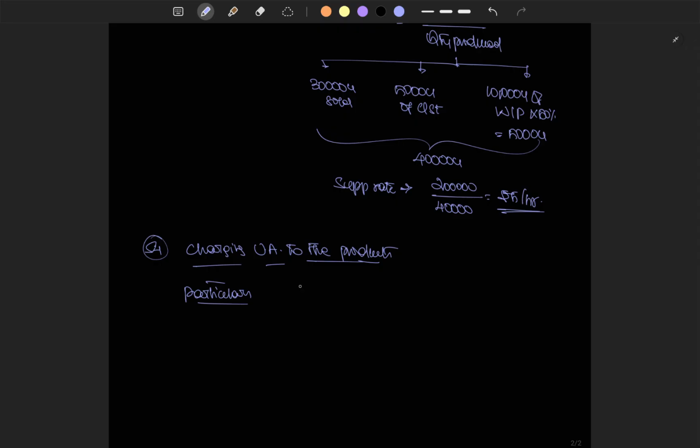So particulars, units, total. How many units have we sold? 30,000 units. How many units have we kept at closing stock? 5,000 units. How many units have we reckoned as completed units of WIP? 5,000 units.